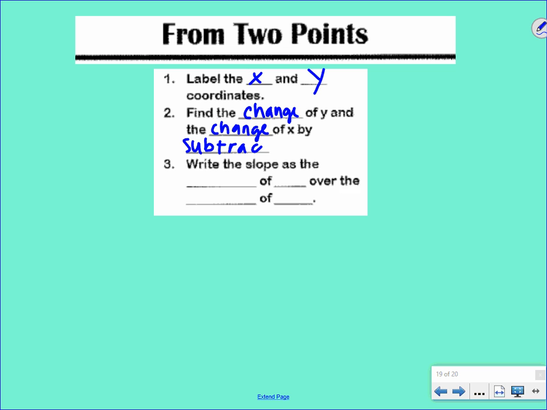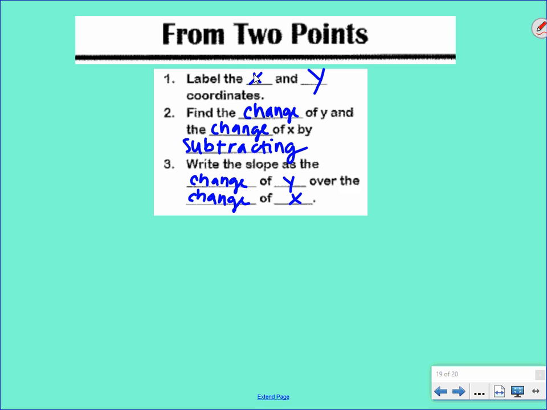We're going to write the slope as the change of y over the change of x. So now those steps can be a little confusing, but if we just keep them straight, we'll be able to find our slope from 2 points.